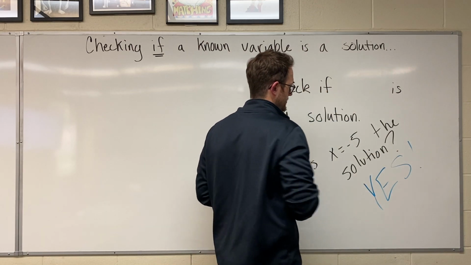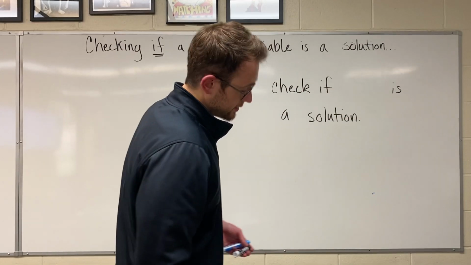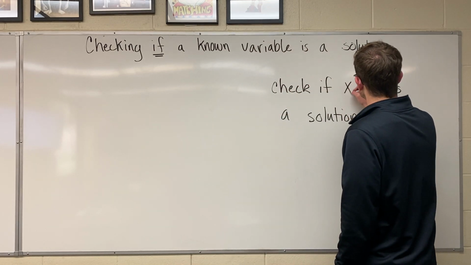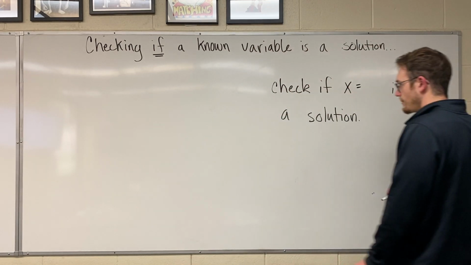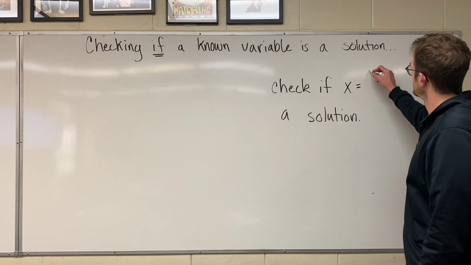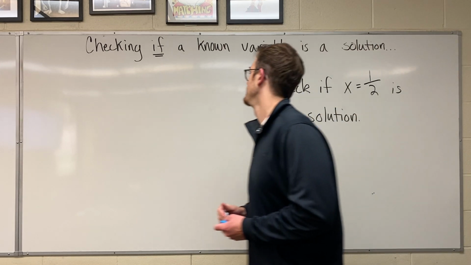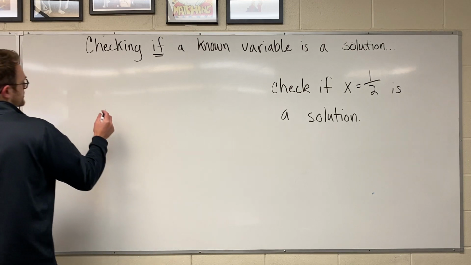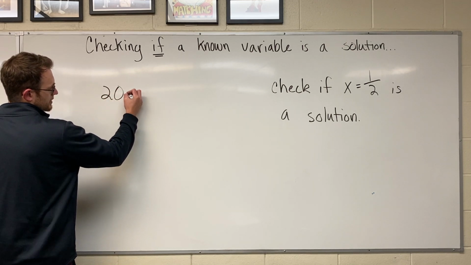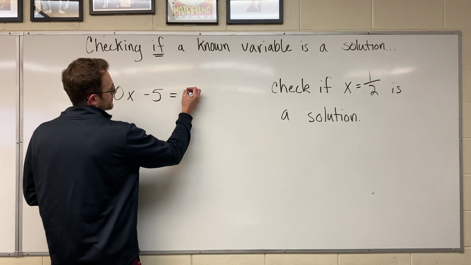All right. Let's do a fraction. Do an easy fraction, but let's do a fraction nonetheless. Let's do 20x minus 5 equals 7.